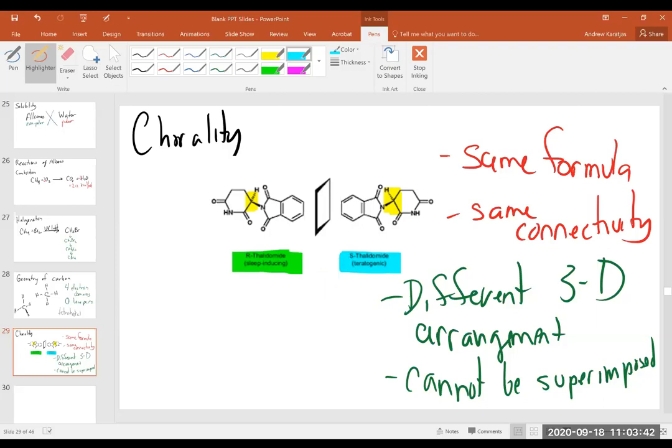And while these are two different molecules and you have to break bonds to interchange them, it turns out in our bodies we actually have the ability to do that. And so even if you made up a drug that was only the one that's safe, it turns out it's not safe because it will form sufficient quantities of the harmful one to cause problems. And there's many, many other examples like this.